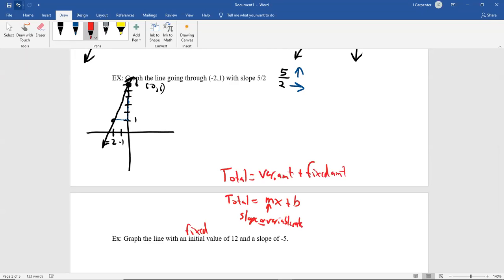And by variable rate, I mean the thing that has a per in it, like our tickets cost $2 per ticket. And then the b, that's the fixed or initial amount.